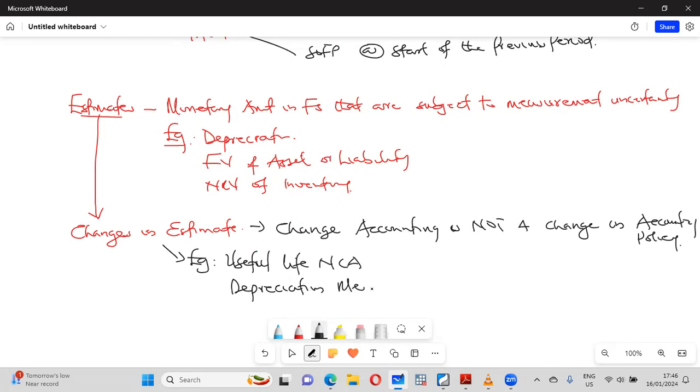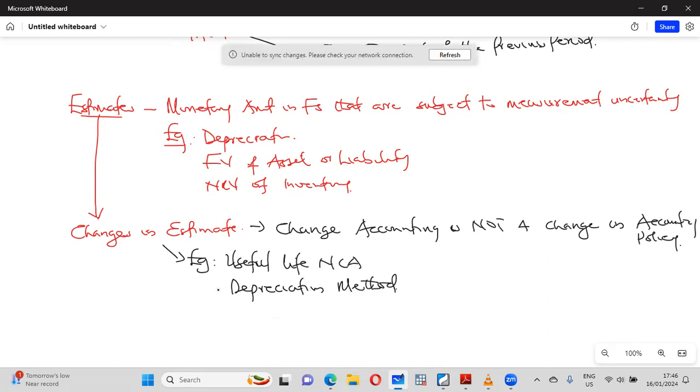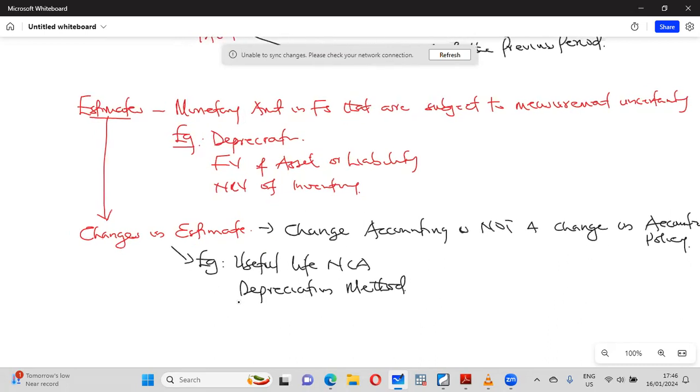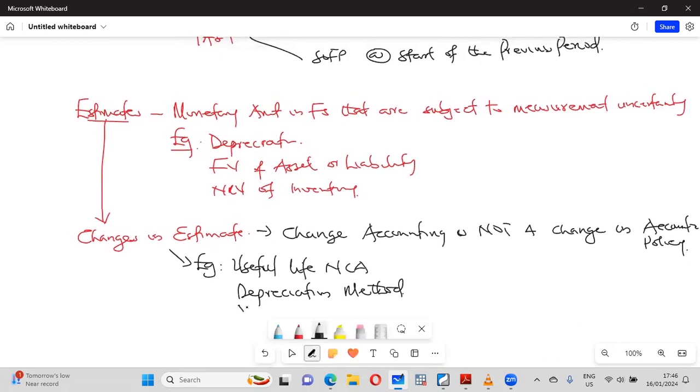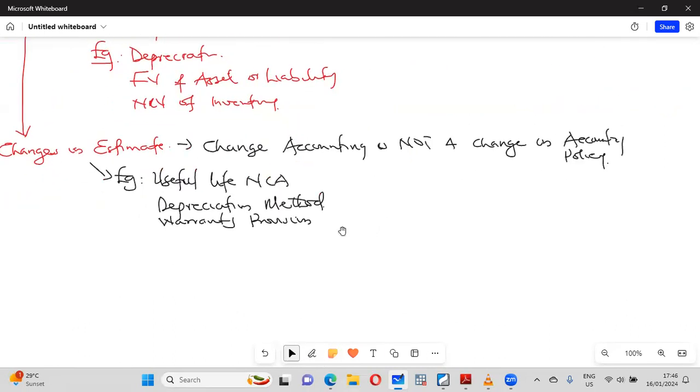The depreciation method is just giving us our estimate of depreciation. Warranty provisions. We have warranty provisions. You know what a warranty is: the guarantee that shop owners give to people for buying things in their shop.